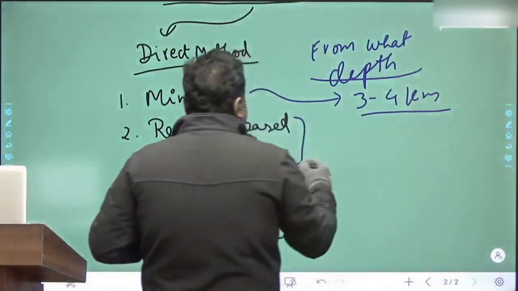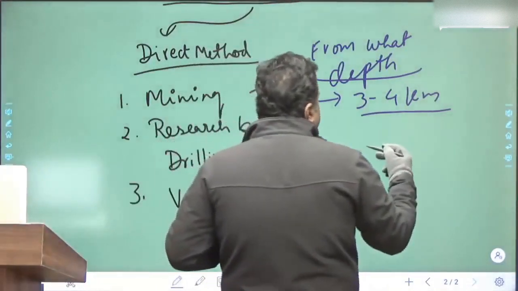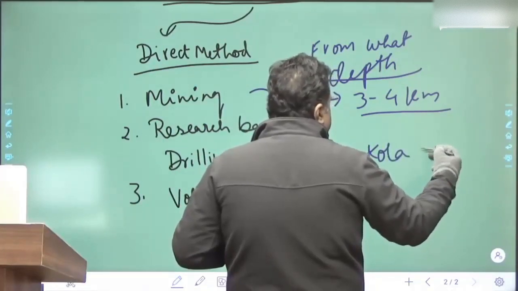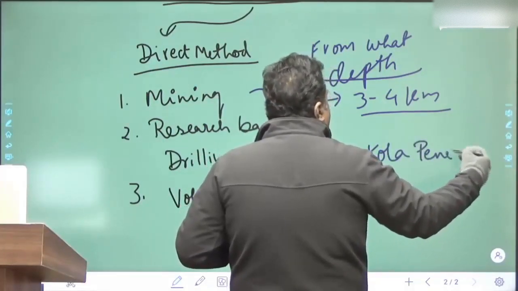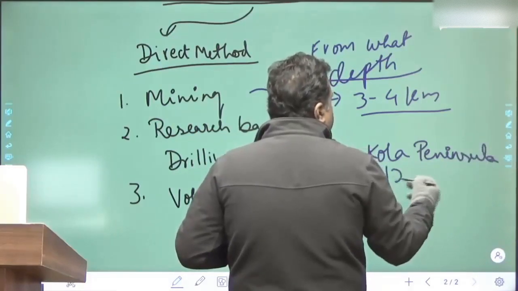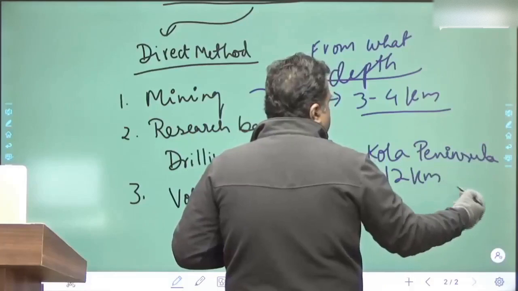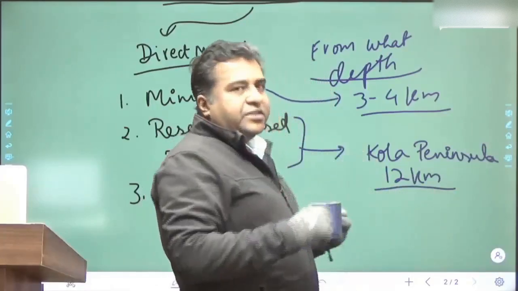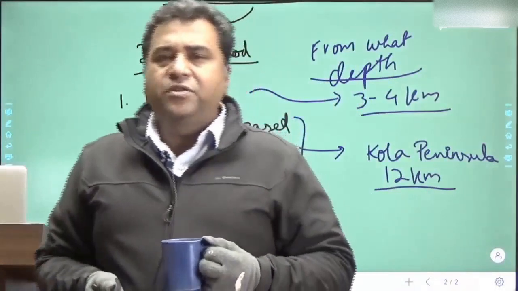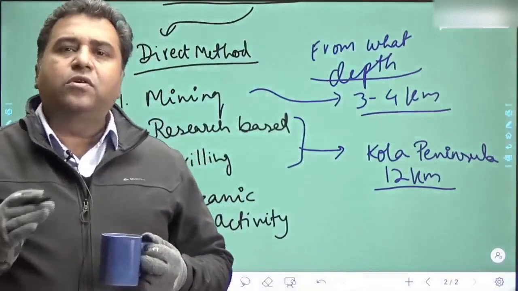In research based drilling, the maximum we have gone is in the Kola Peninsula, as per your NCERT also. This was a few decades back. Approximately 12 kilometers we have drilled inside the earth to come to know the interior. Even with later projects, we might not have gone deeper than 20 kilometers.